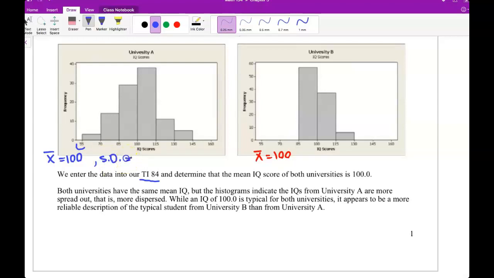The standard deviation was 16. We're going to cover this part later. For now, I just want to write this information that I got from the calculator. So 16.1 in here, and for University B the standard deviation is equal to 8.4.